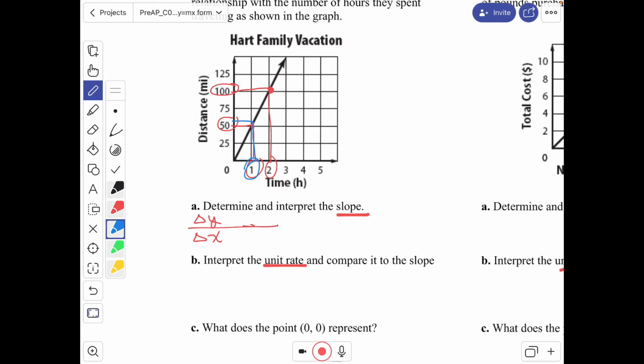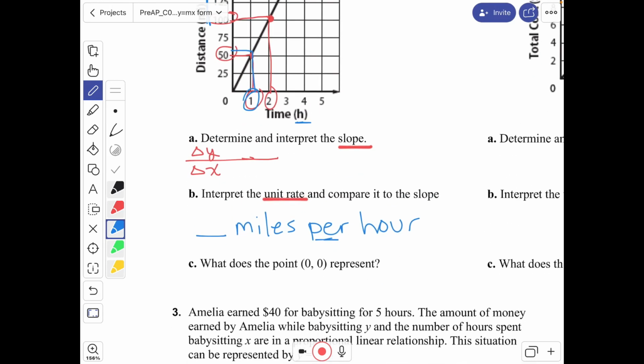Unit rate means there's going to be words, so it'll be something miles per hour for this one, because it's the y word per the x word. So what would 0, 0 represent?